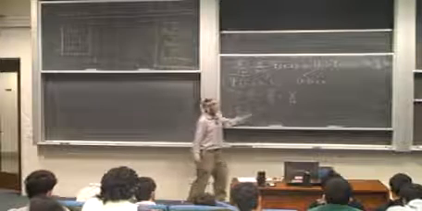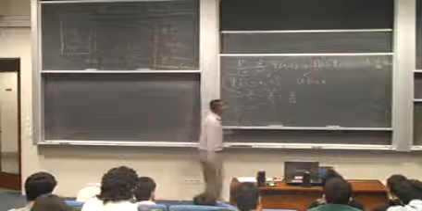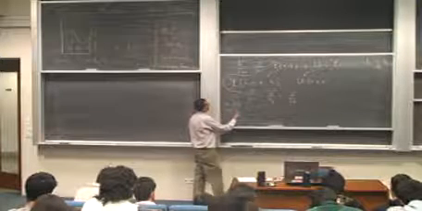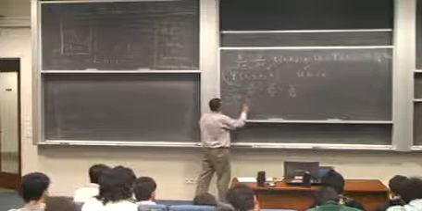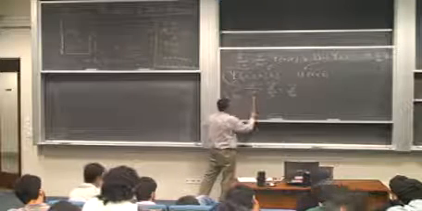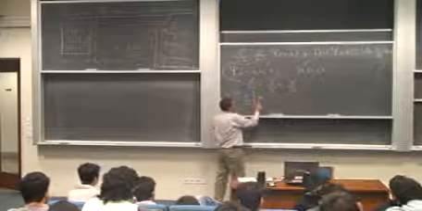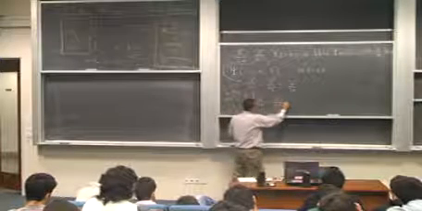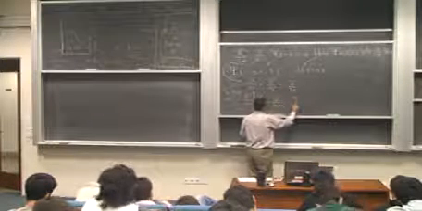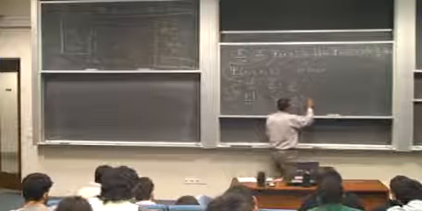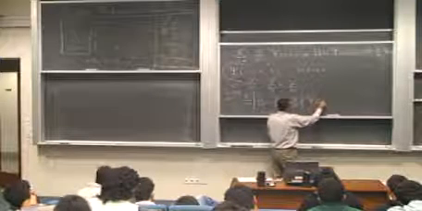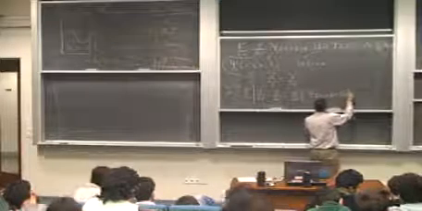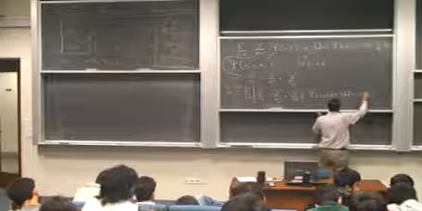Okay? So let's write the Schrodinger equation in 3 dimensions now. In 3D, the Schrodinger equation becomes minus h bar squared over 2m, x y z time, plus u x y z.